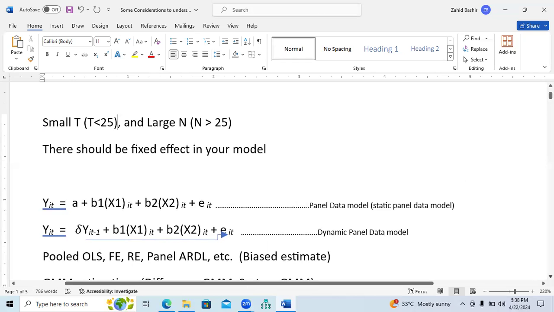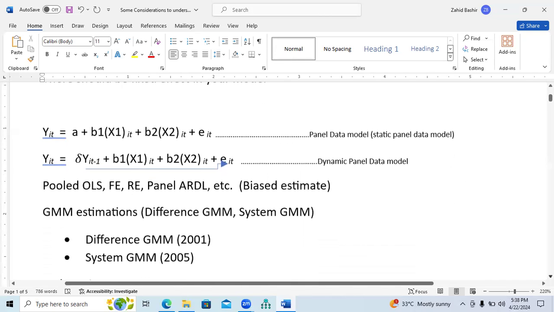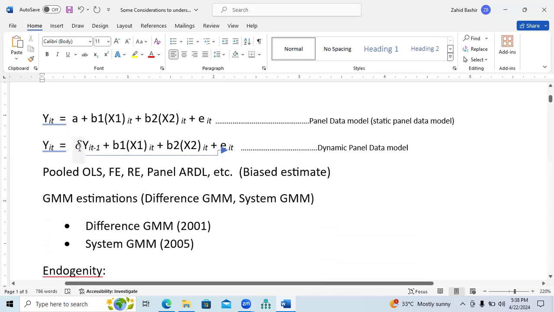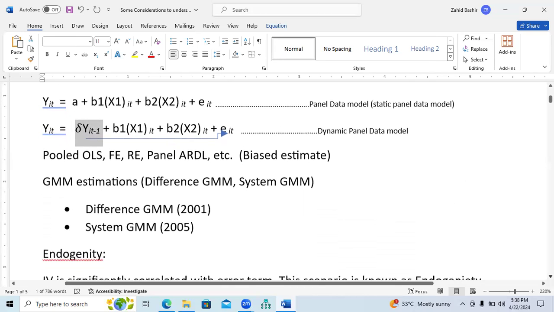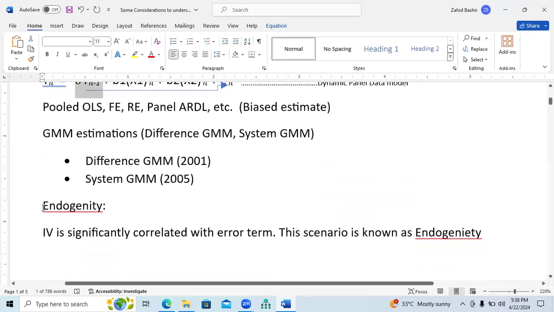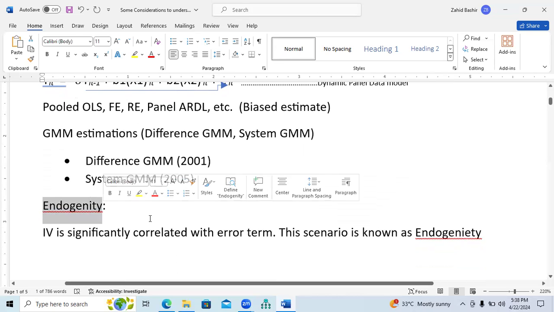The second consideration that we have finalized here is the inclusion of the lag dependent variable as an independent variable in your model. And the third consideration that you have found here is the endogeneity issue.